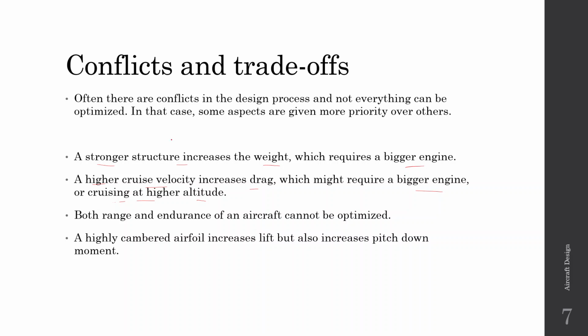There is usually a trade-off between altitude and velocity. Altitude determines the air density. If the air density is low, then we can cruise at high velocity, whereas if the air density is high, we have to cruise at lower velocity.